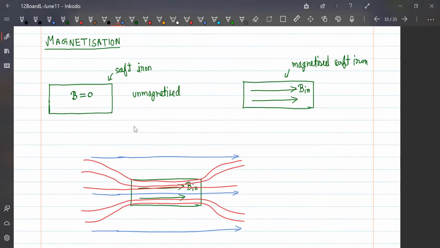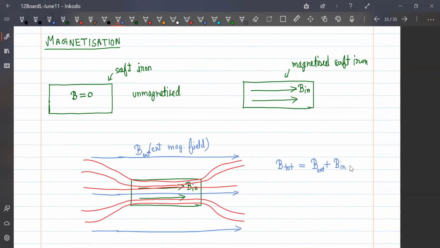Now this was the external magnetic field. So now we have a total magnetic field inside, B total, equal to B external plus B internal.